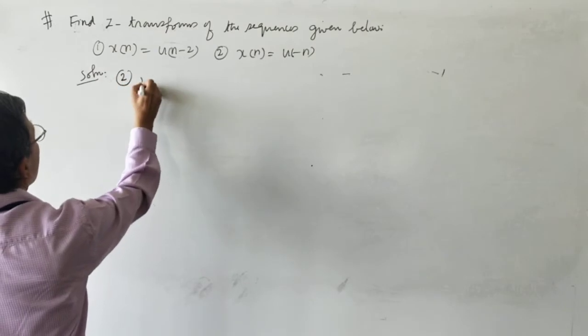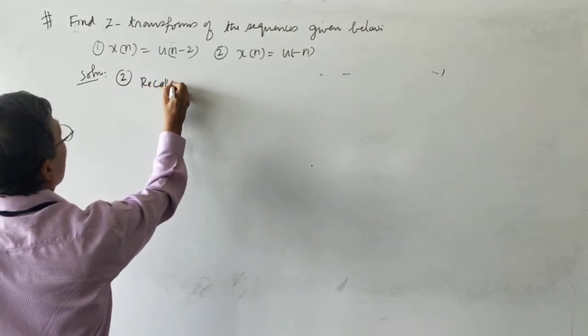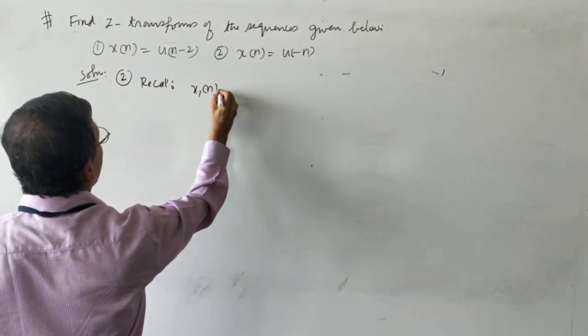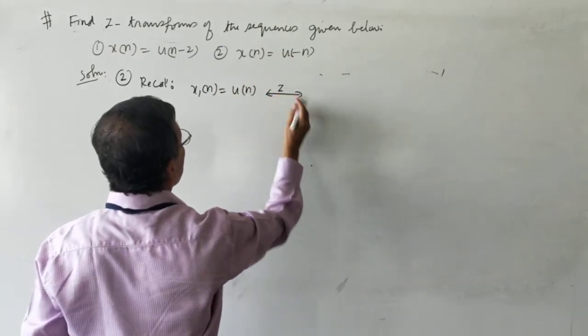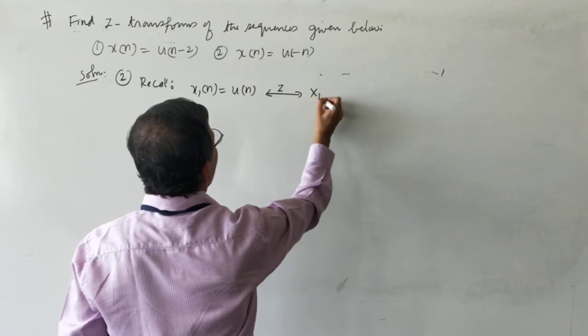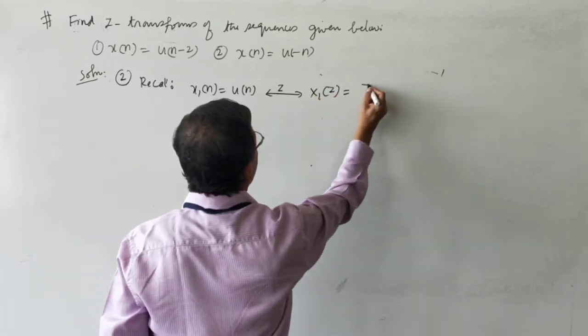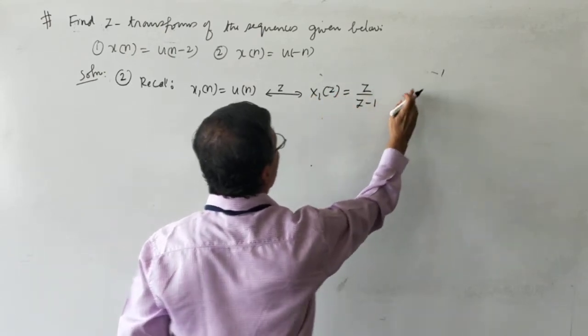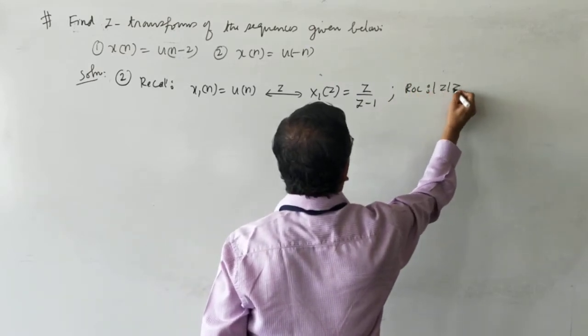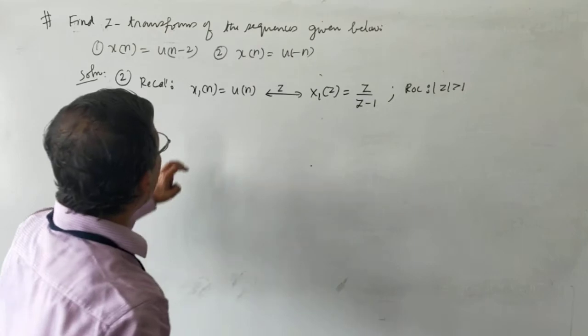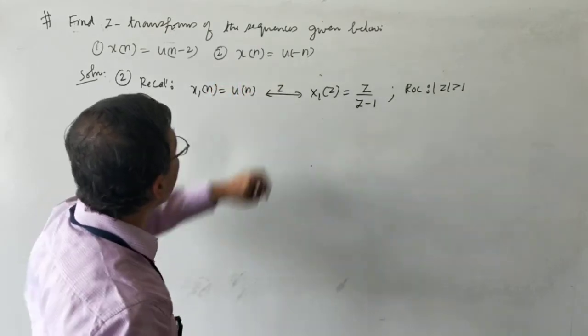Again, recall x1 of n equal to u of n has a z transform x1 of z equal to z by z minus 1. ROC mod z greater than 1. We are asked to find the z transform of u of minus n.